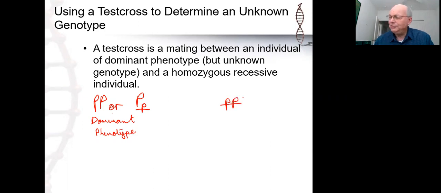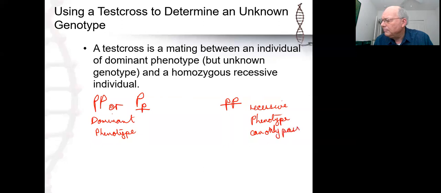Our partner in this cross is going to be individuals that are little p, little p. Because this individual can only contribute the little p allele, and that's an absolute.